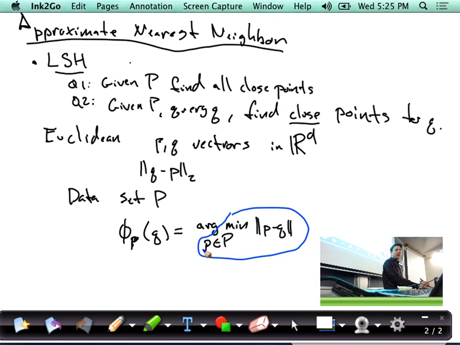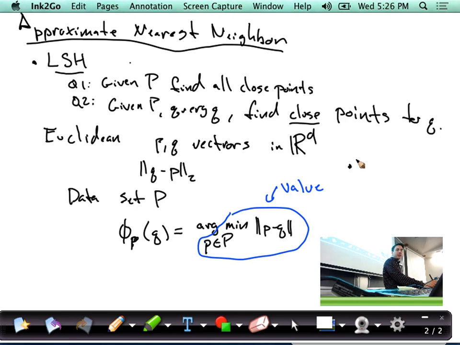I'm looking at every point in the set, and given some query point Q, I'm finding the one that minimizes this. And the part in blue is just returning the value of the minimum distance.